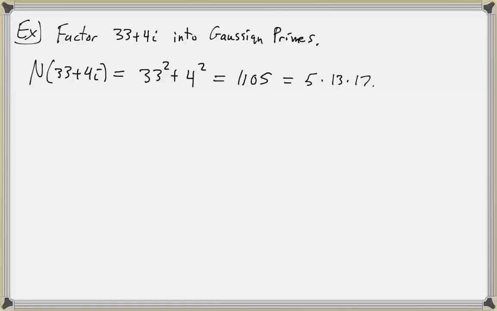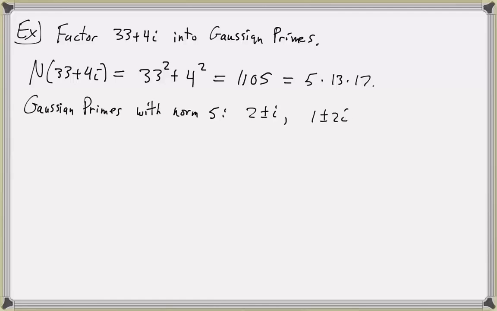So the Gaussian primes with norm 5 are 2 plus or minus i and its associates, so we can also have 1 plus or minus 2i.